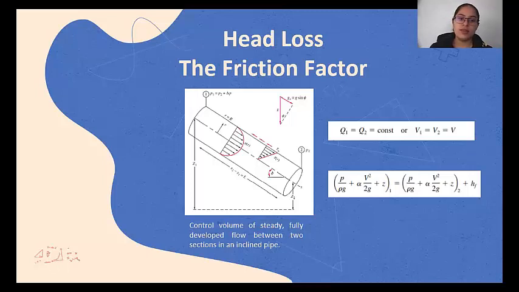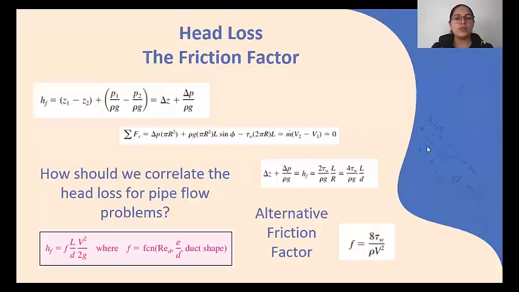Another important thing is the pipe head loss equals the change in the sum of pressure and gravity head, that is, the change in head of the hydraulic grade line, HGL. We find that the head loss is also related to wall shear stress. Note that, regardless of whether the pipe is horizontal or not, the head loss is proportional to the wall shear stress.